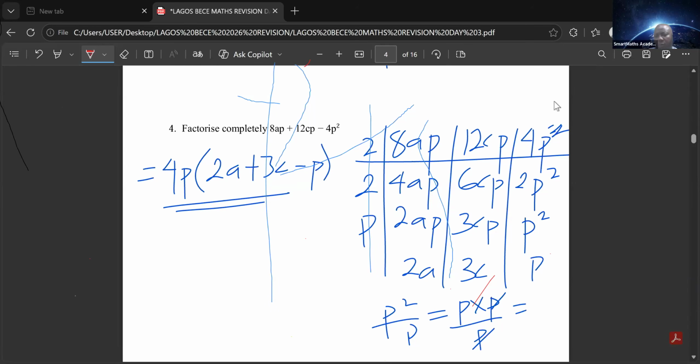Row 2A. Good evening, sir. Please, sir, that one that you said about factorize, I don't really understand very well.